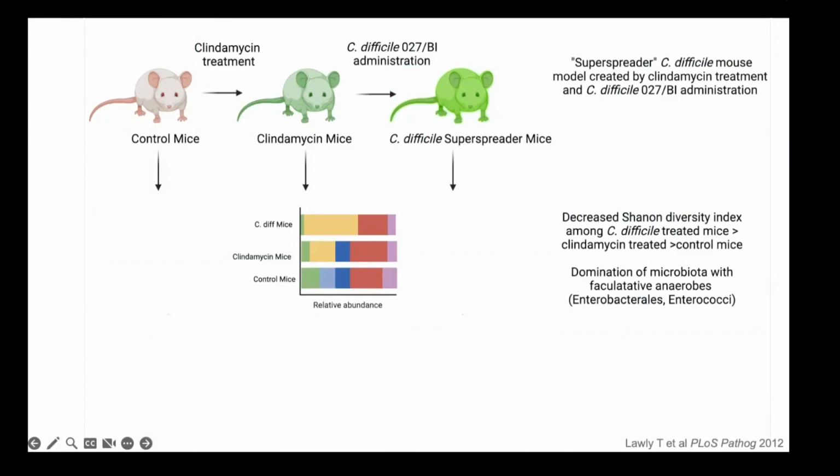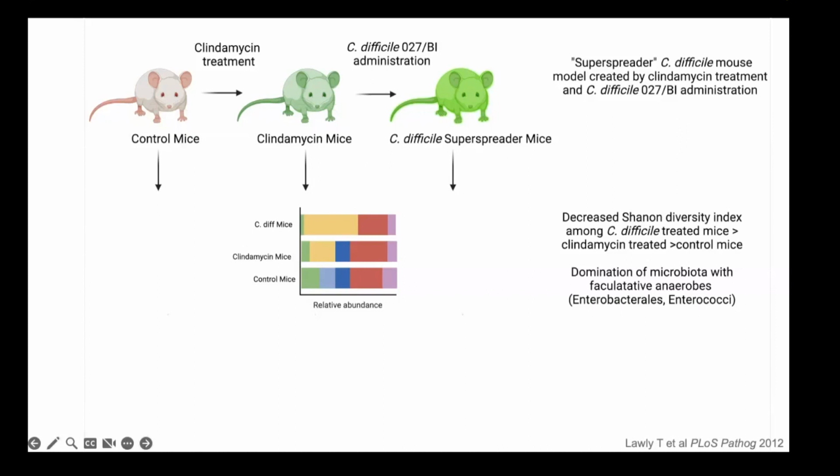And then they administered C. diff 027B1, which is a particularly virulent form of C. diff, and created a C. diff superspreader mouse. So we have three groups: our control mouse, our clindamycin-treated mouse, and then our C. diff superspreader mouse, which is a clindamycin-treated mouse that has also been administered C. diff.